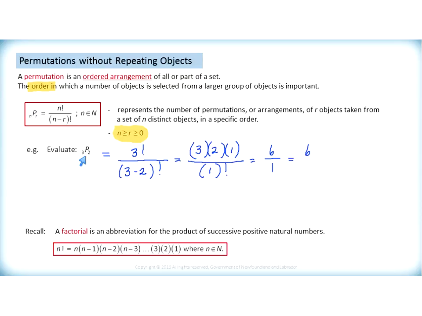You press enter, and then you press the number 2, in which you select 2 objects from a set of 3 objects. When you press enter, your answer is 6. So the calculator will give you the actual permutation when you substitute these numbers into the calculator.